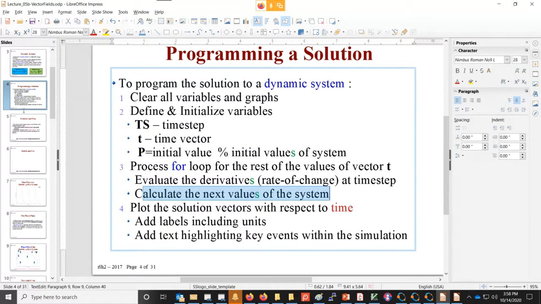So it really doesn't matter whether the system is nonlinear or linear. If we're doing it using Euler's method, it's the exact same method.